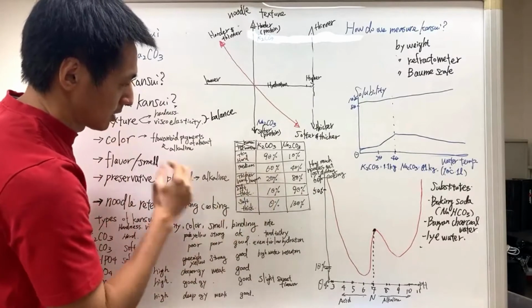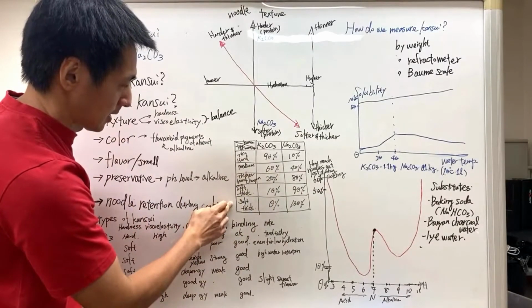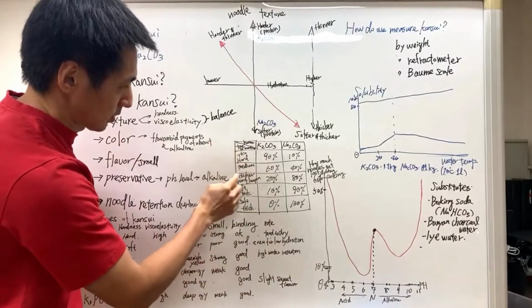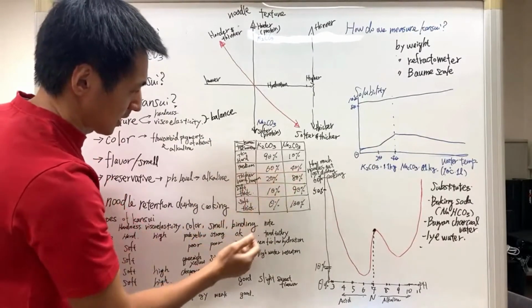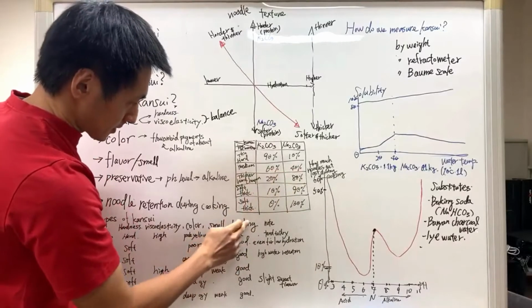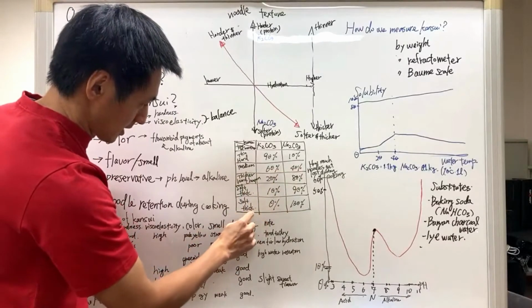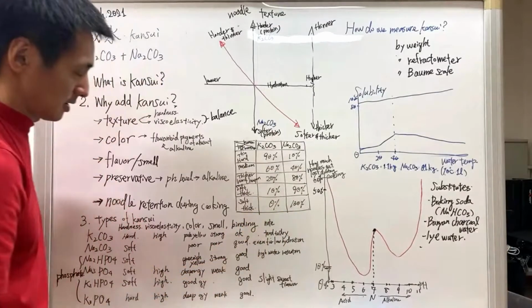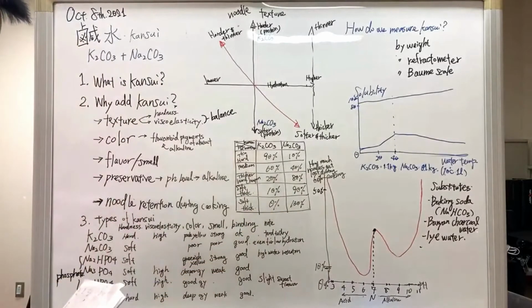Then you have 60%, 40%, and 0% and 100%. So we have really different types of Kansui.